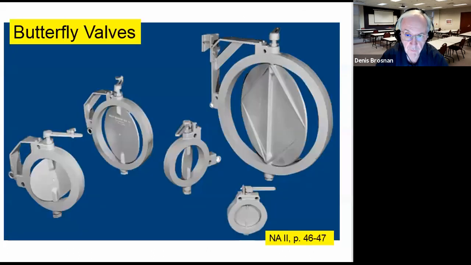Another way to do this is through a butterfly valve. The curtain valves are the ones that I'm more familiar with, but butterfly valves are out there, with the amount of flow depending on the position, the angle at which this blocking section is open.